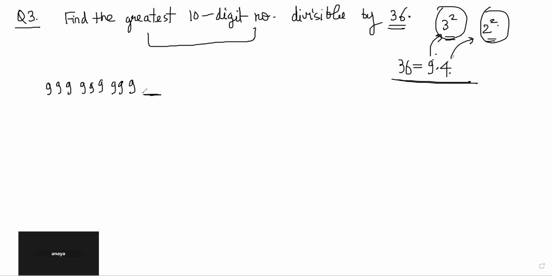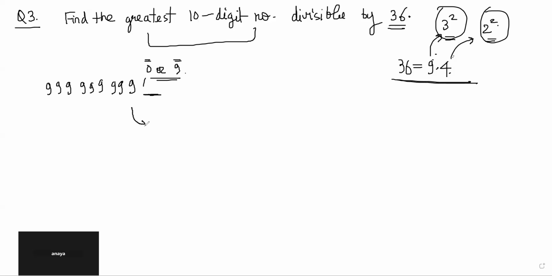And if you want to make it divisible by 9, the last digit can be 0 or 9. Do you understand? Because the sum of the digits, in order to be divisible by 9, the last digit also has to be either a 0 or a 9, right? If you take any other number, the sum will not be divisible by 9.